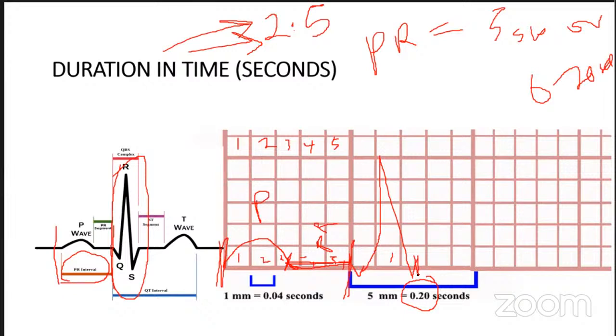But again, how do I determine if the QRS complex is wide or narrow? Just by remembering 2.5. I always want my QRS complexes to be less than 2.5 small boxes. Or like I said, some textbooks will say 3 small boxes.